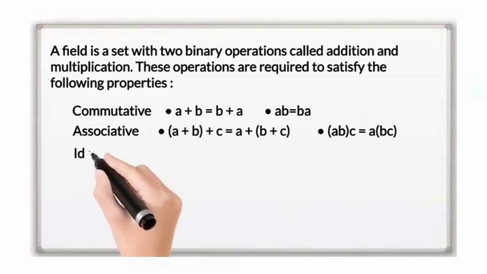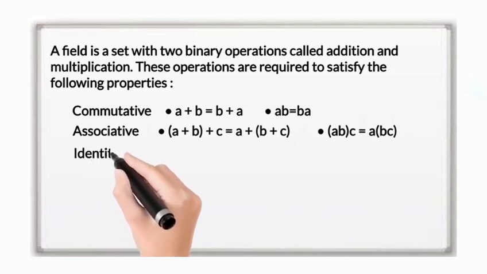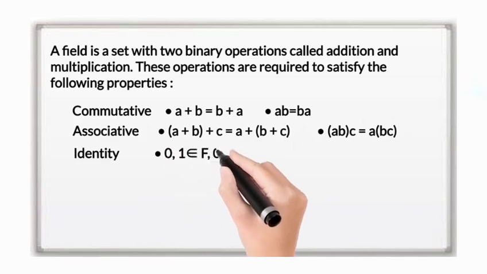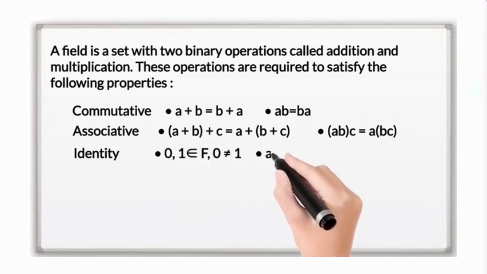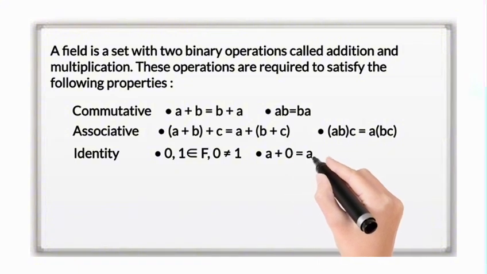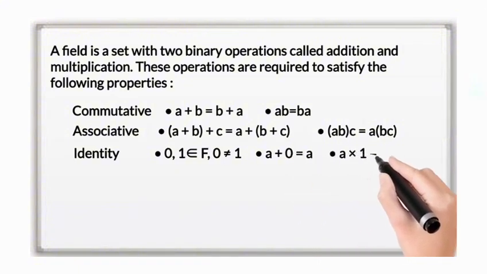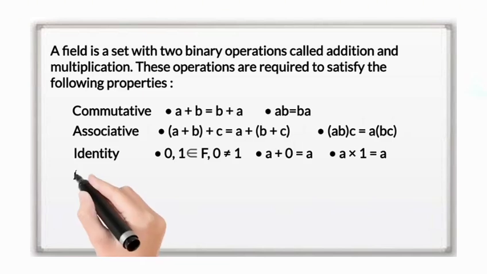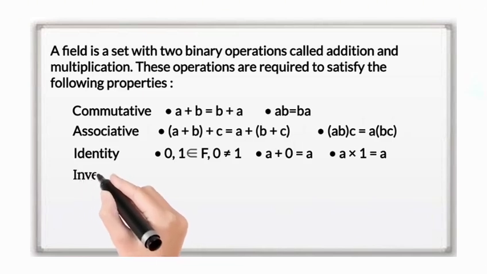Next, we require that there be so-called identity elements for each binary operation. We will need this in order to define the inverse elements. We require that there are two distinct numbers 0 and 1, so that for any number, if you add 0, you get the same number back, and for any number, if you multiply by 1, you also get the same number back. We can then define what we require of the inverse values.